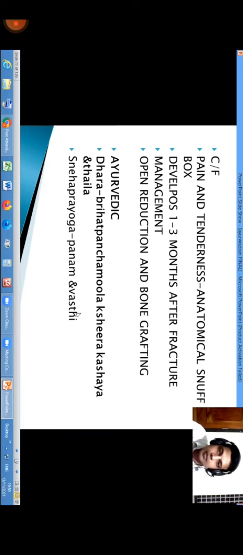It appears 1 to 3 months after the fracture. Management is open reduction and bone grafting in allopathy, and coming to our management, Dhara with Brihat Panchamoola Shira Kashaya initially for 5 days, then Taila Dhara, then Sneha Prayoga, Pana and Vasti. Sneha Prayoga is done with Sneha Pana and also in the form of Matra Vasti.